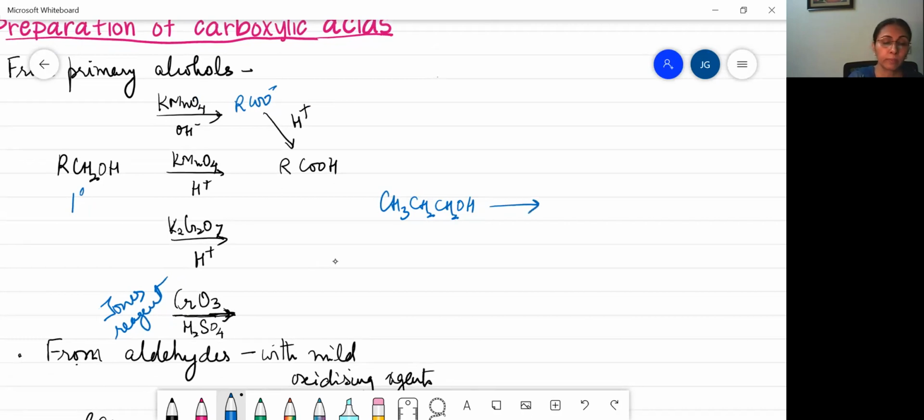When treated with KMnO4 in an alkaline medium, it will give you what? A 3 carbon alcohol will give you a 3 carbon carboxylic acid, but first you'll get the salt of this acid, that is the carboxylate ion, or propanoate ion. This upon acidification will give you the carboxylic acid.